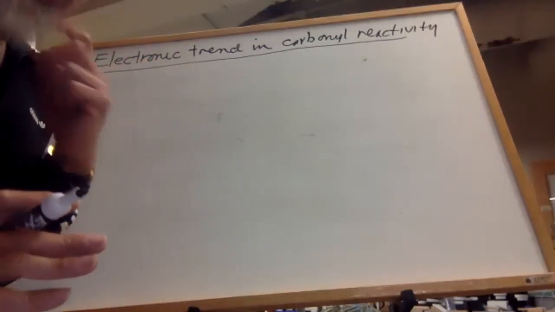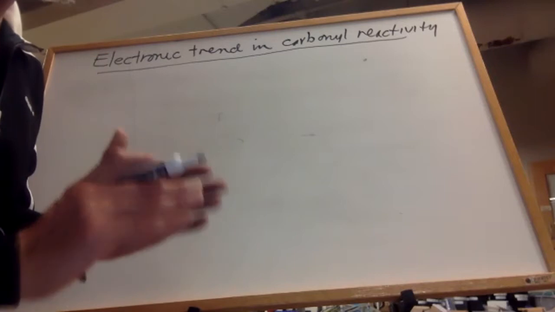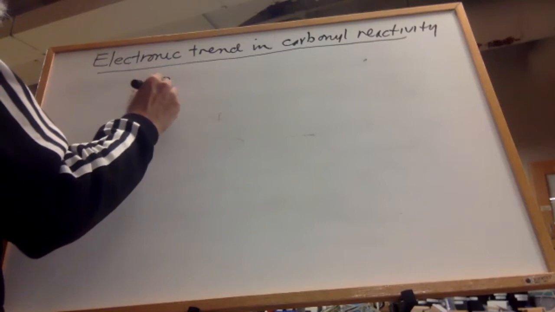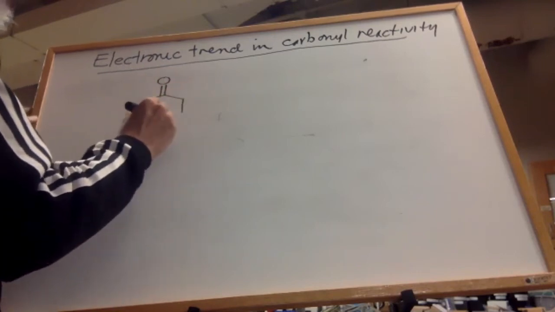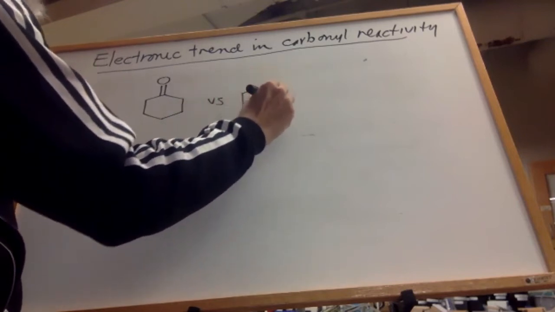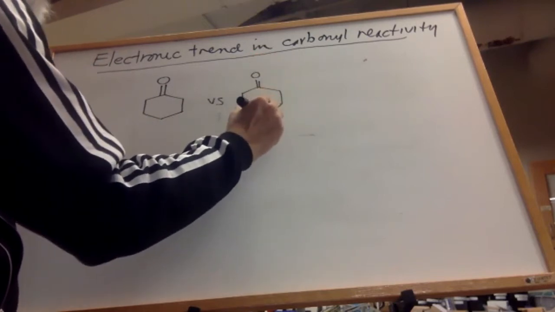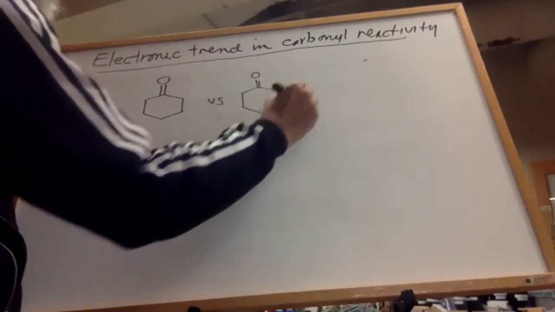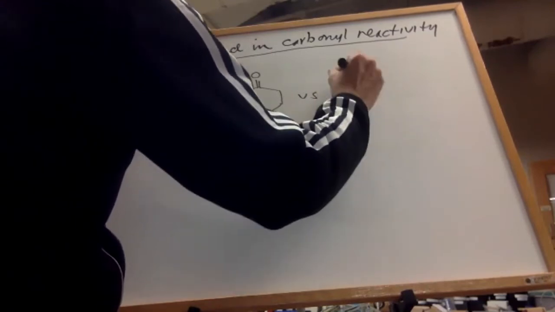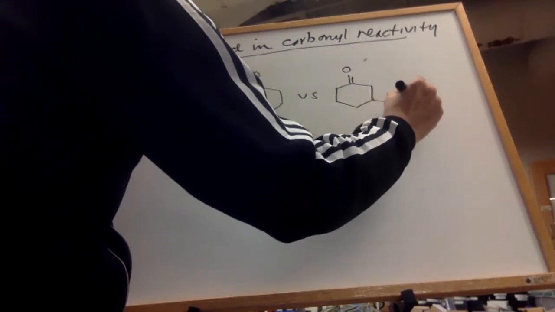So I'm going to draw two molecules up here, and I would like for you to tell me which one is going to be more reactive. That one versus this one versus this one.